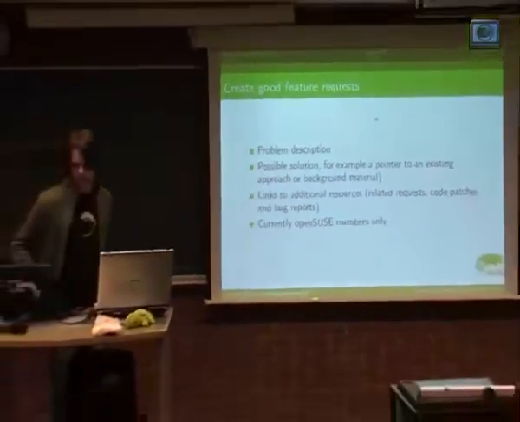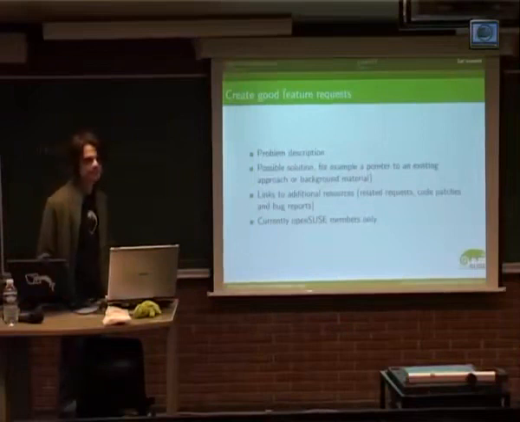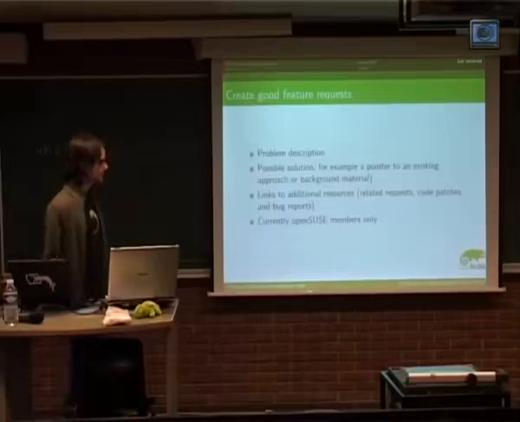So some hints on how to create a good feature request that has good chances to be implemented and to end up in the next SUSE release. It has to be a good problem description so that everyone understands what is needed.